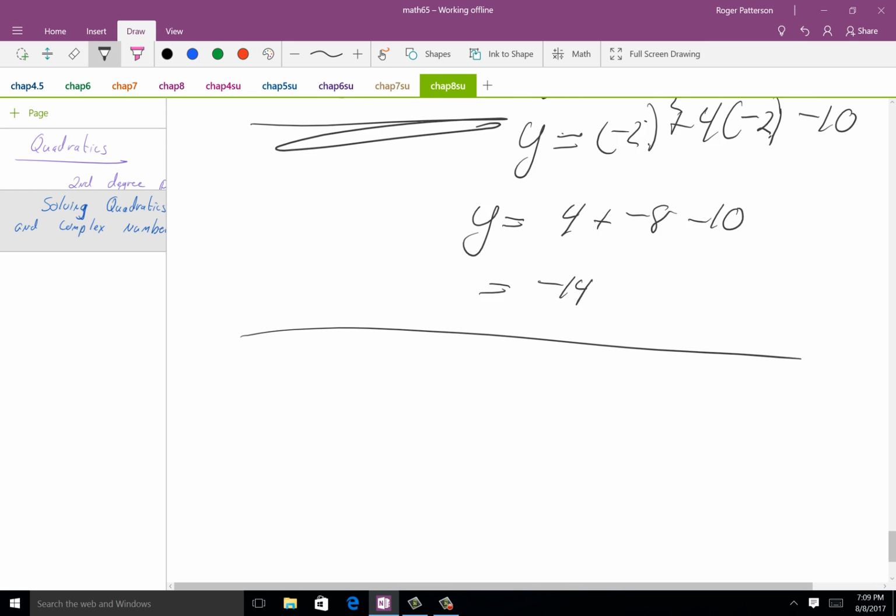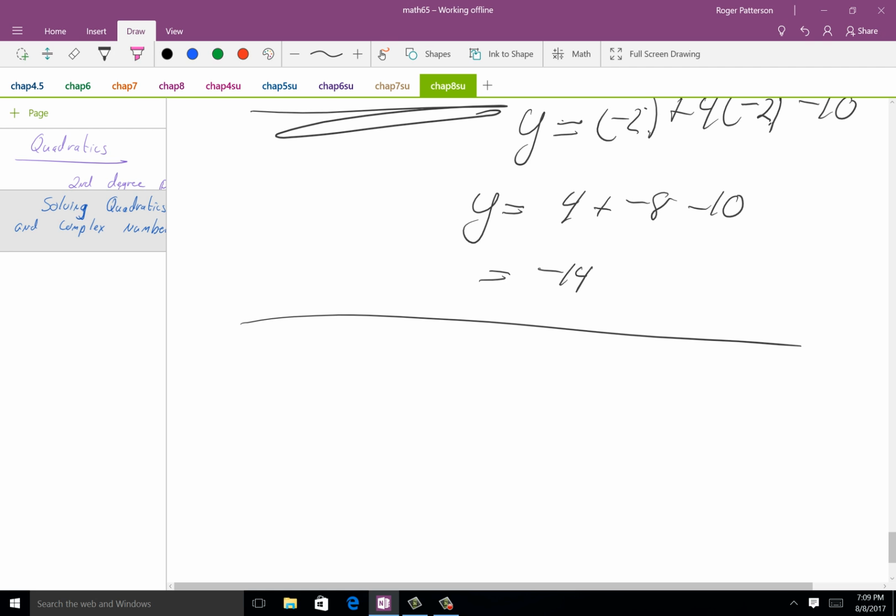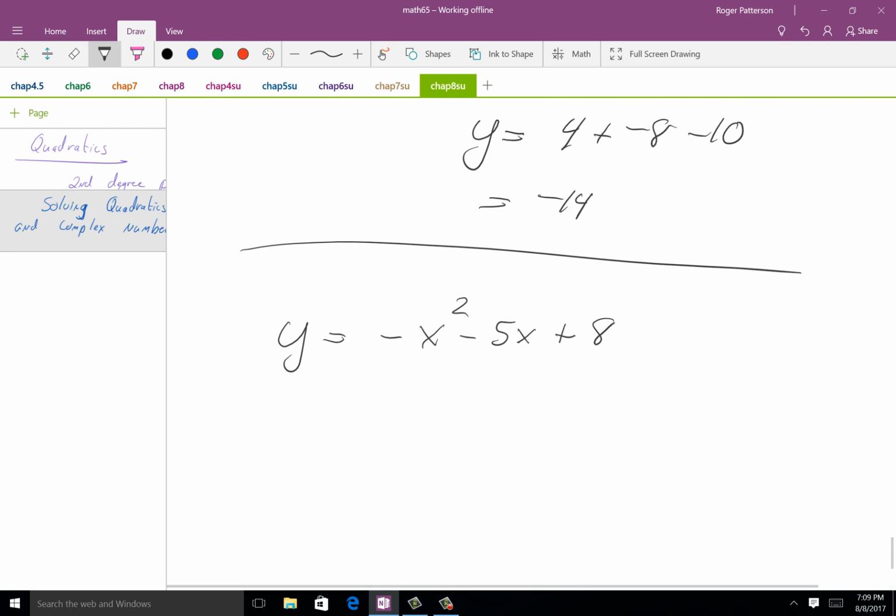So now let's do the whole thing. Now let's take one. We're going to find the vertex, and we're going to do it without using Desmos, and we're going to find the x-intercepts.